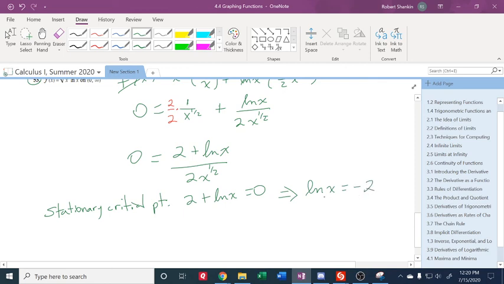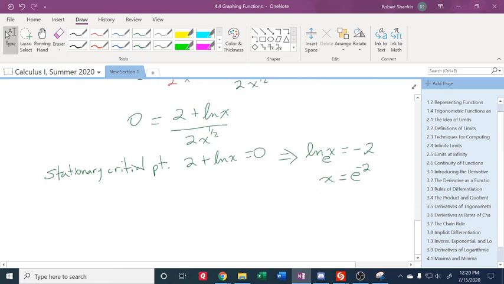Remember, there's an unwritten base of e, so x equals e to the -2 power. That's a more classic critical point where the derivative is 0. The other one is what we call a singular.